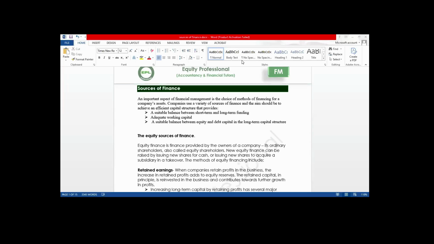If you find yourself as a finance manager, you are going to adopt different types of finance in your company. The objective is to achieve an efficient capital structure.